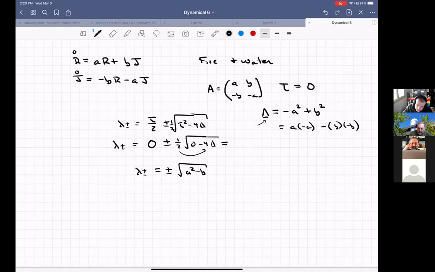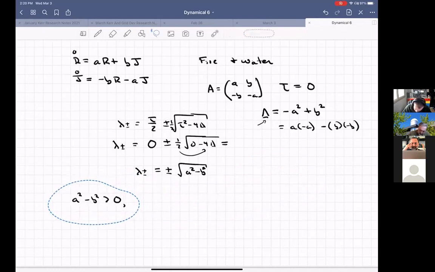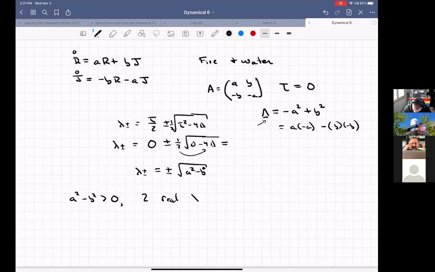Okay, so if A squared minus B squared is positive, then I have 2 real lambdas.